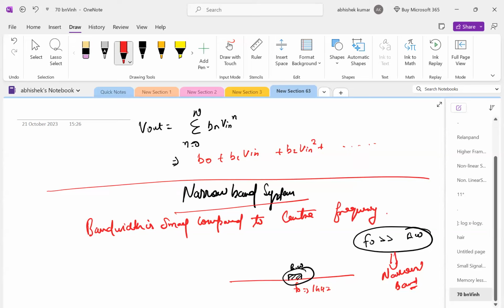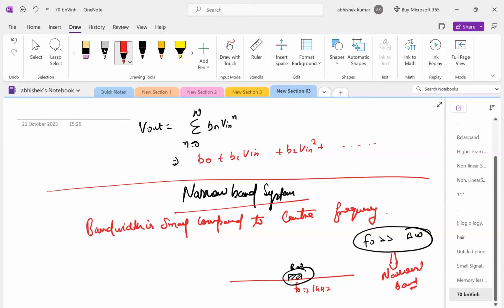Are you getting me? Why are we studying the narrowband system? In general, in our system, we have multiple frequencies, very large frequencies, but in the narrowband system only the desired frequency will reach the output. If you see the previous slide, we had many different frequencies, odd frequencies, even frequencies, and many harmonics.